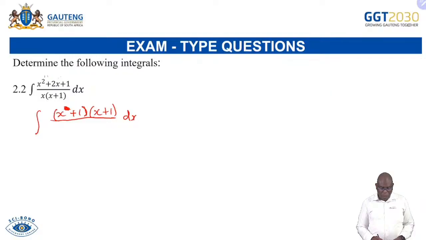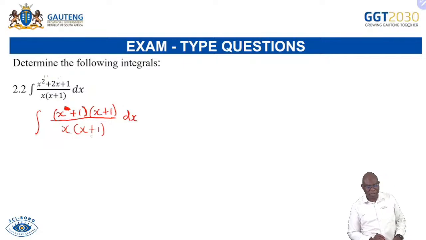And that is how I factorize the top one. I can see the factors of 1 is 1, and 1 plus 1 will give us a 2. At the bottom, I'm having x into x plus 1. Because if I leave the top one, I factorize the top one and multiply out the bottom one, I'm just mixing up things. I'm just going in circles.